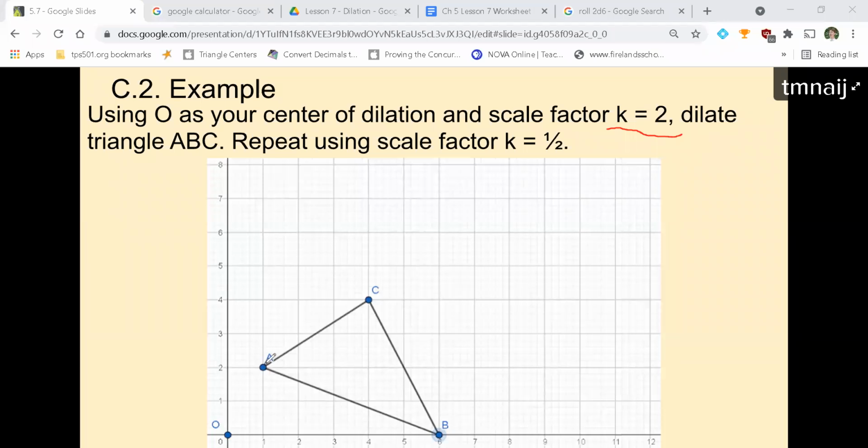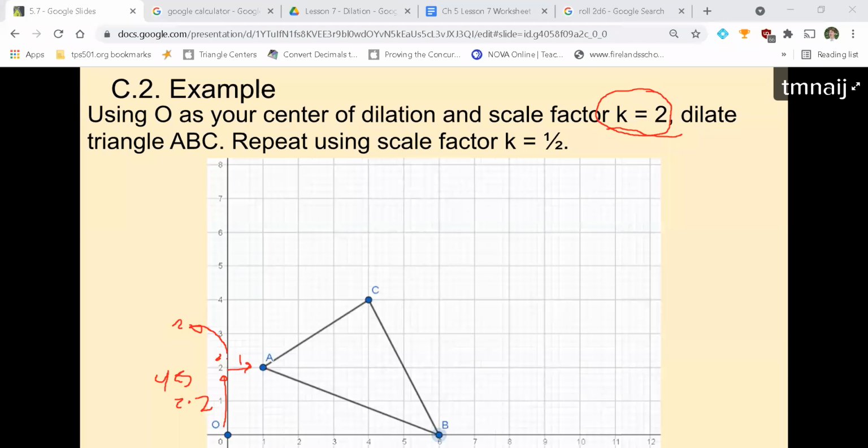But to get to A, I have a rise of 2 and a run of 1. To get my new point A prime, I'm going to multiply both of those numbers by my scale factor. So this would become 4, and this would become 2.